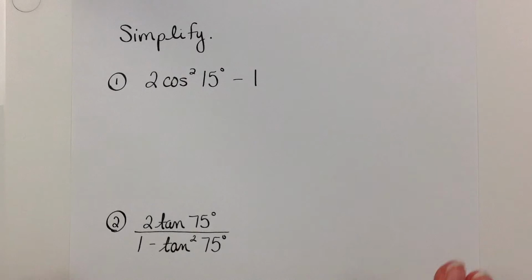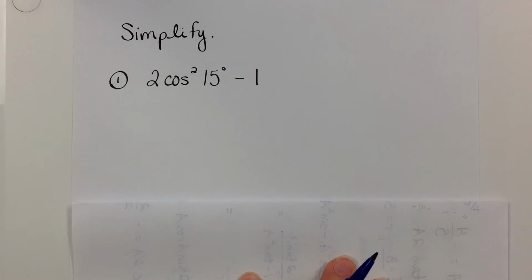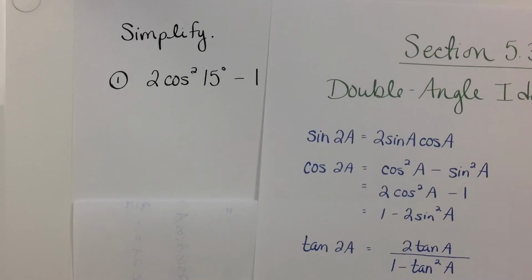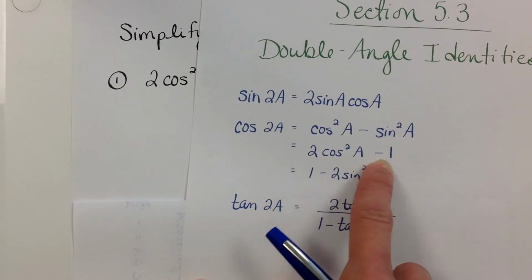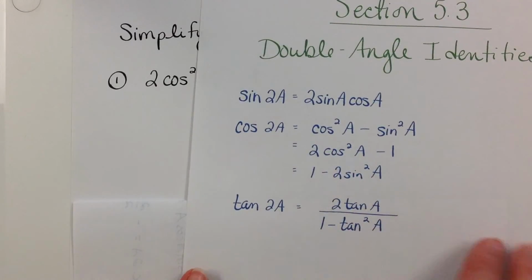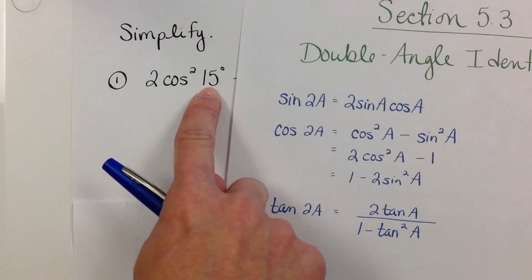All right, so what we're going to do here is actually just use the identities in reverse order. If you look at what you have here, 2 times cosine squared 15 degrees minus 1, that resembles this one. For this particular problem, what you have in the position of A is going to be the 15 degrees.